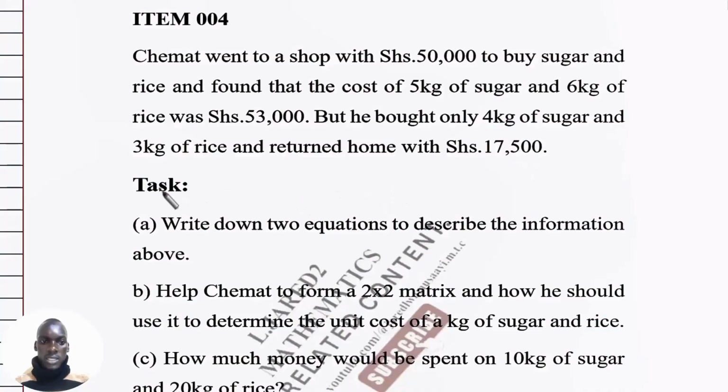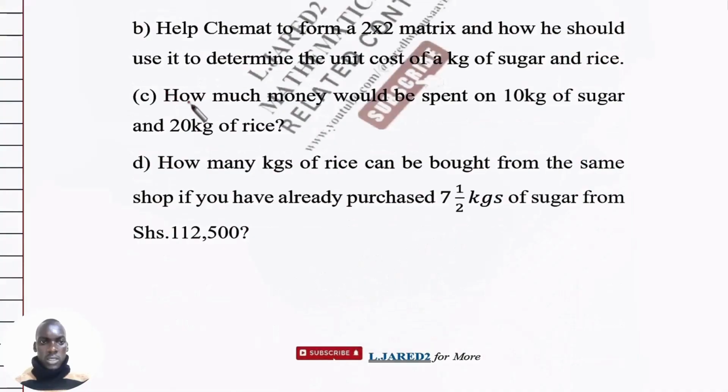Then we have our task for part A. It reads, write down 2 equations to describe the information above. Then our part B, help Kemati to form a 2 by 2 matrix and how he should use it to determine the unit cost of a kilogram of sugar and rice. Then we have our part C. It reads, how much money would be spent on 10 kilograms of sugar and 20 kilograms of rice.